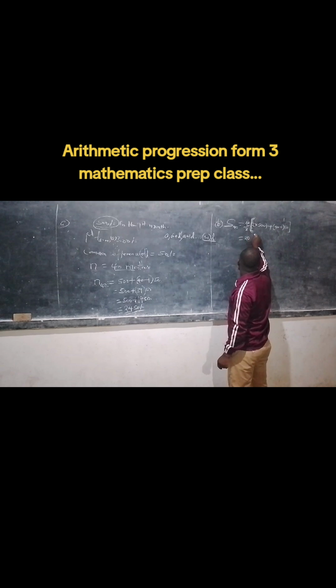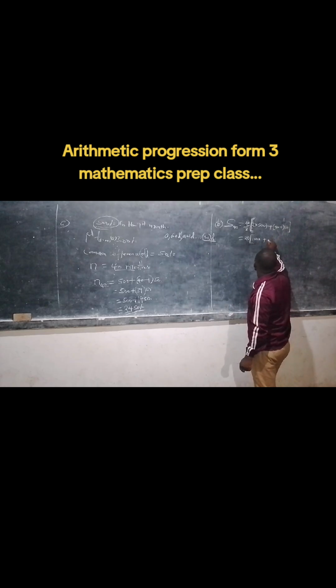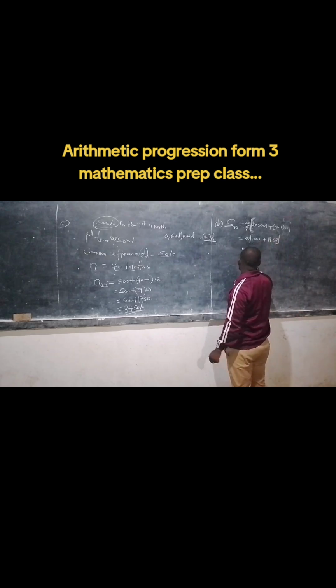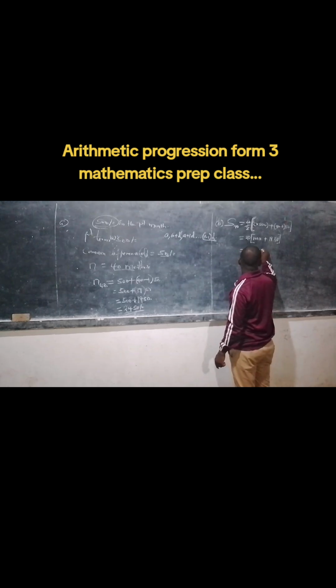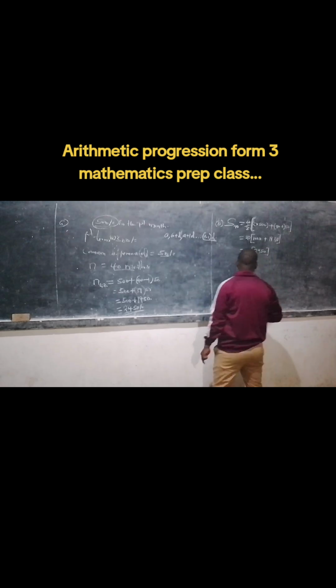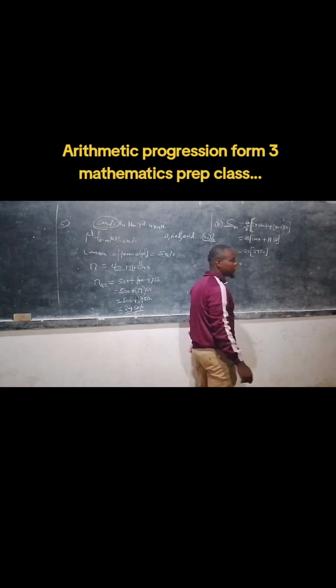Then 1,000 plus 1,950. The total in the bracket is 2,950.